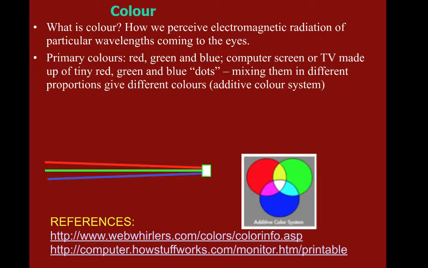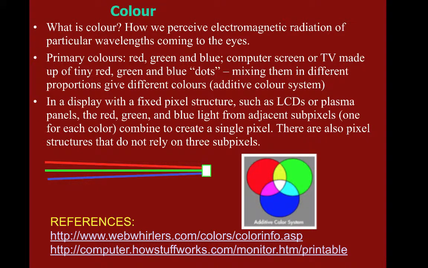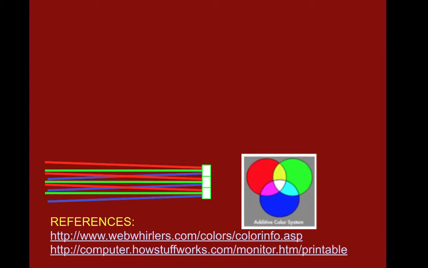So every pixel is determined by these different intensities of red, green, and blue, if you like. And different pixels have different colors because in each pixel there's a different intensity of red, green, and blue.